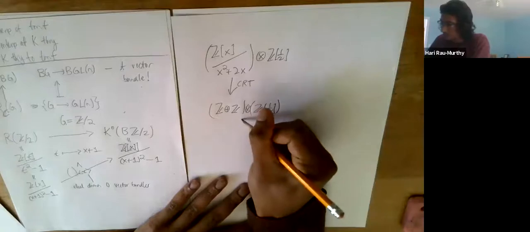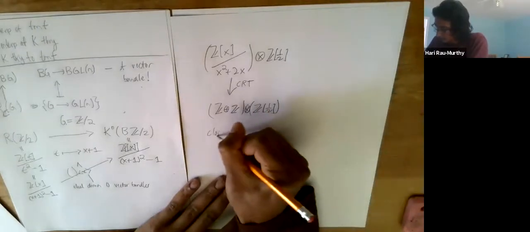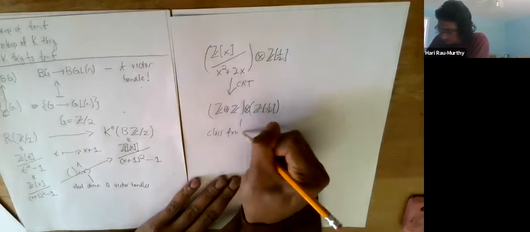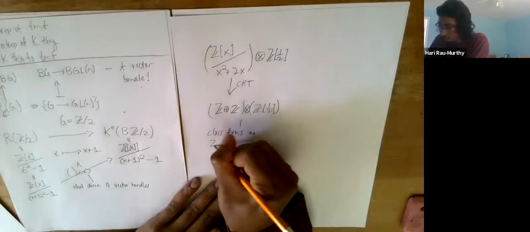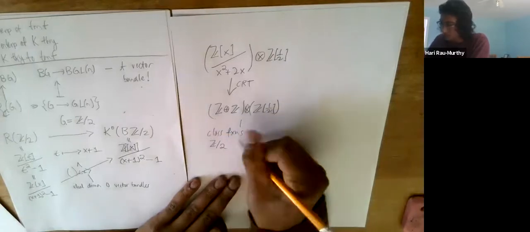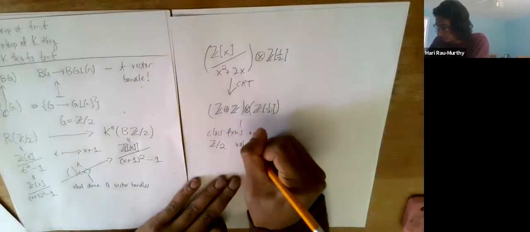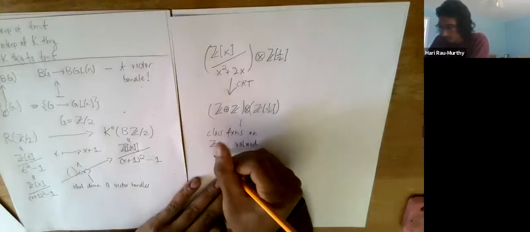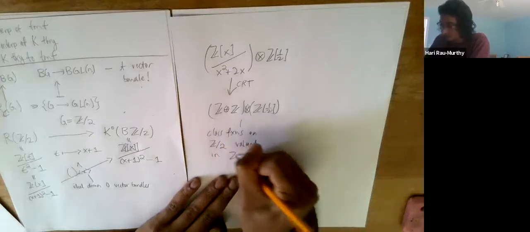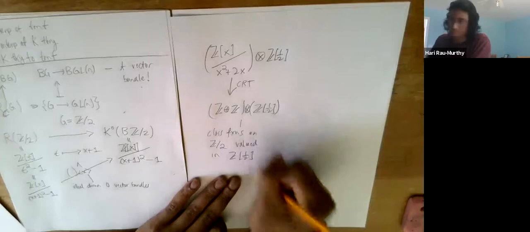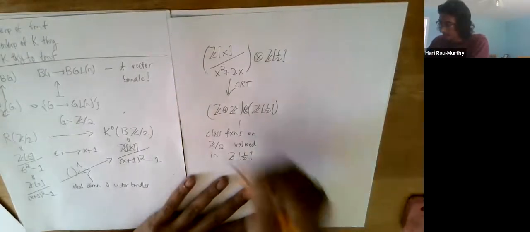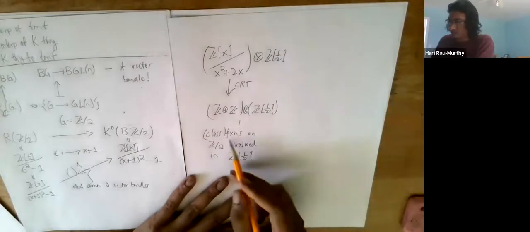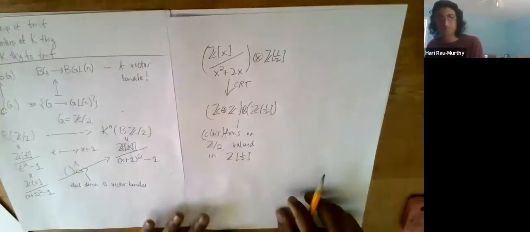So once I do this, I get class functions on Z mod 2 valued in Z[1/2]. Right. And these are just functions, but they're also class functions.